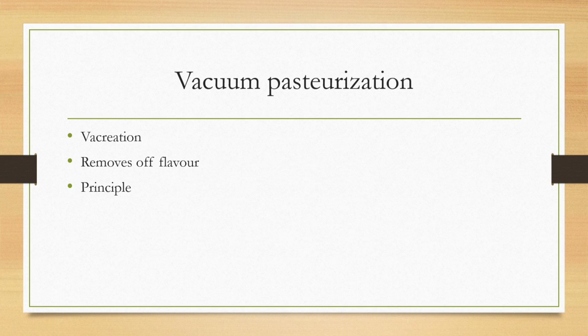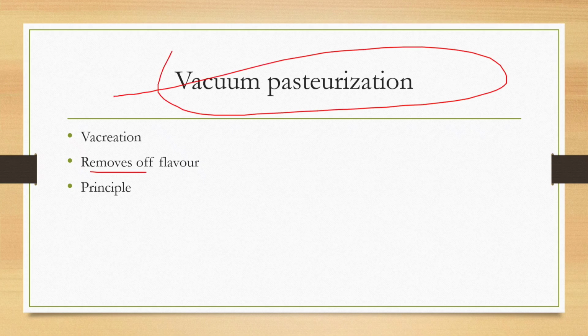Now, vacuum pasteurization. Vacuum pasteurization is also called vacreation. What is the use of this vacuum pasteurization? It removes off-flavor, very important. That type of pasteurization which removes off-flavor is nothing but vacuum pasteurization, also called vacreation.